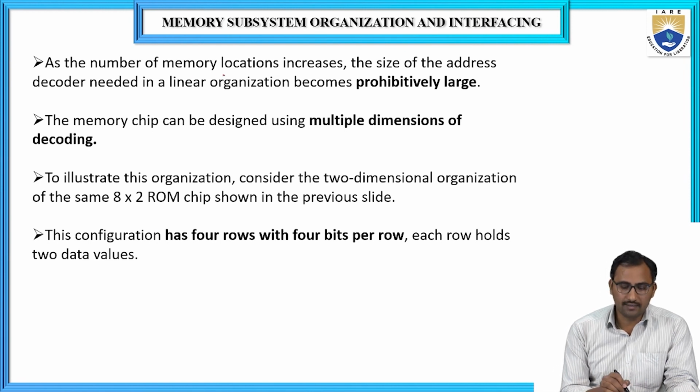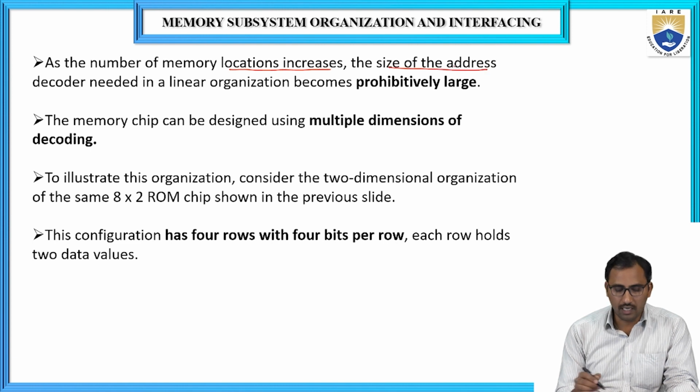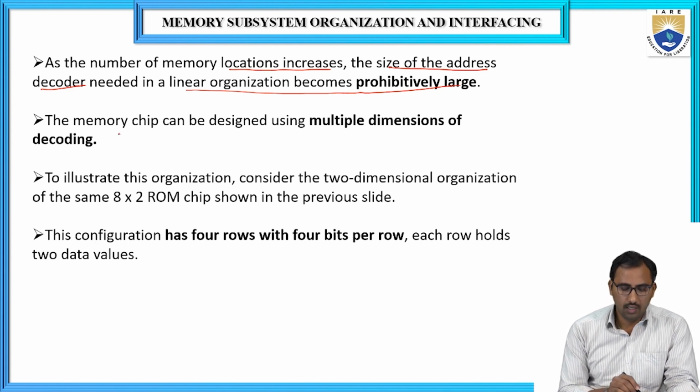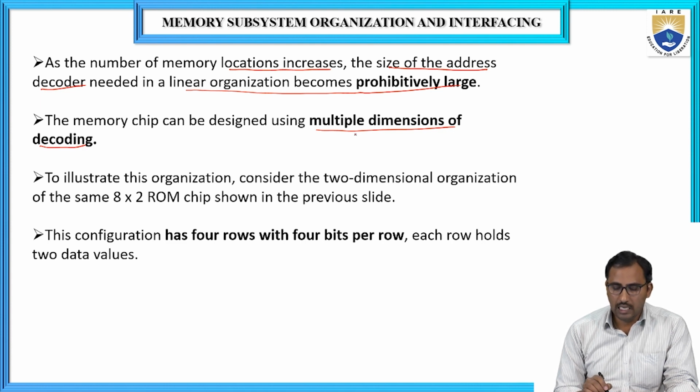As the number of memory locations increases, the size of the address decoder needed in a linear organization becomes prohibitively large. So in order to overcome that problem, we design the memory chip using multiple dimensions of decoding.